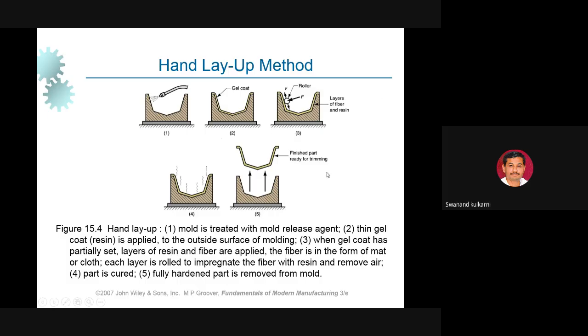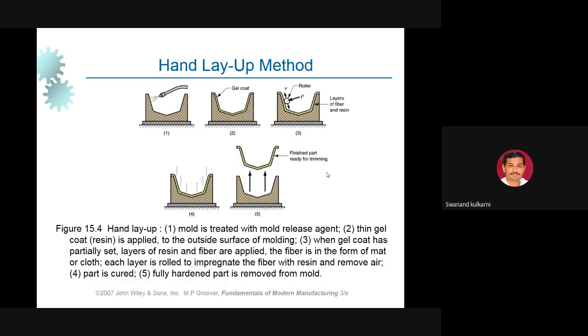Whatever the domestic appliances, various plastic FRP products, Samruddhi is one of the companies which deals with these different domestic products, in terms of buckets, different types of shapes, bowls, etc. So all these are now manufactured with this.